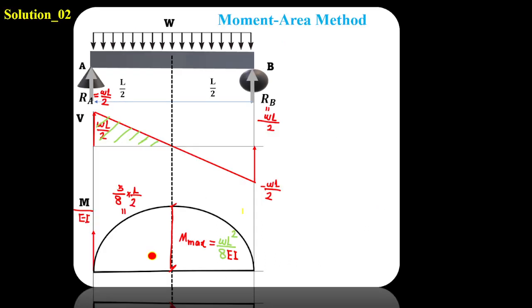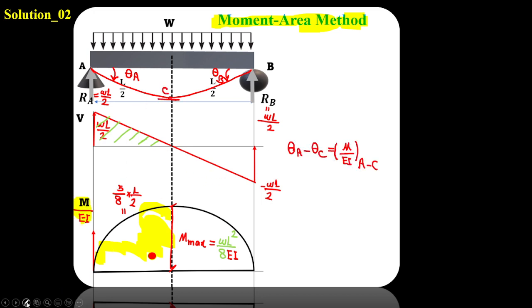You can also solve the problem with the help of the moment area theorem, which says that if you want to calculate a slope, it's the area under M over EI. So let's see how that goes.